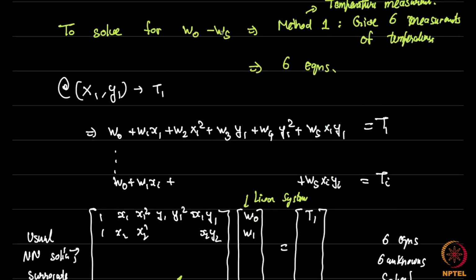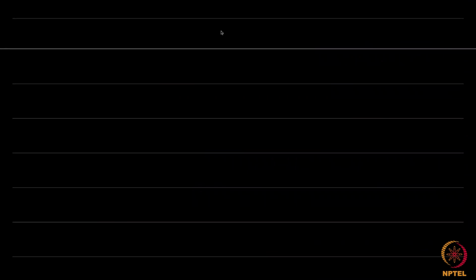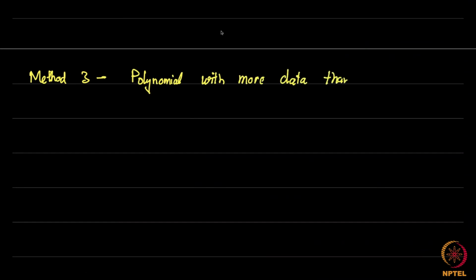Why is that? Okay, so let's come back here. I'm going to revisit. I'll call this method 3, which is polynomial with more measurements, more data than unknowns.